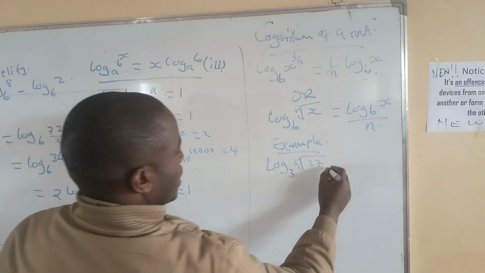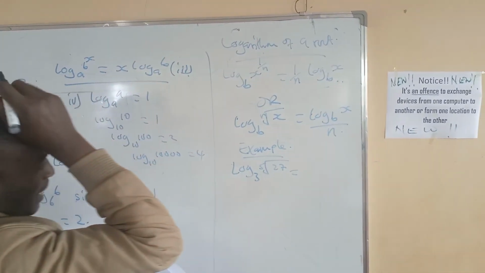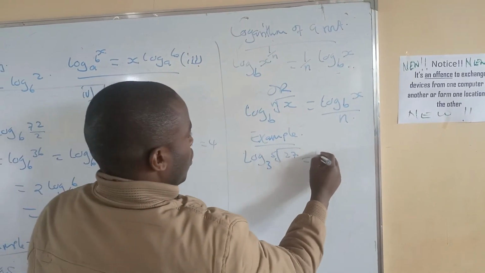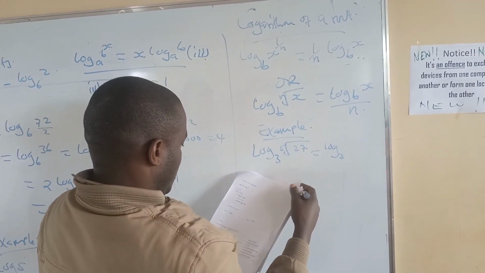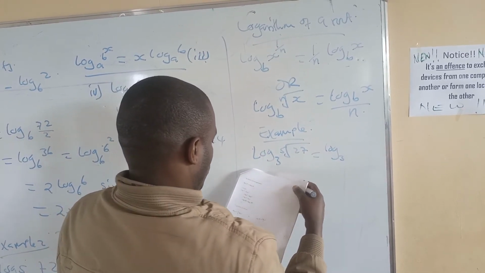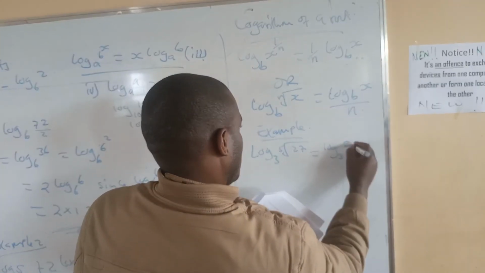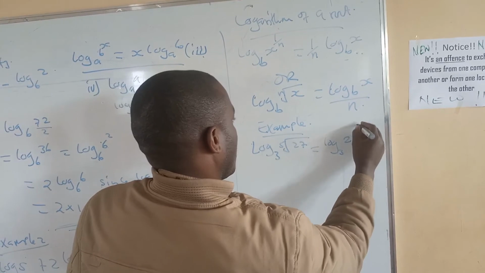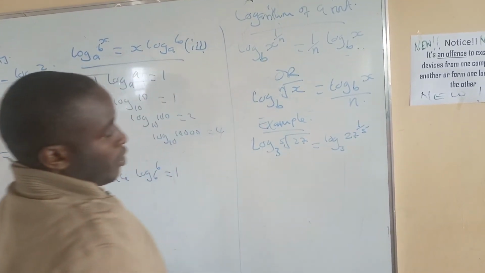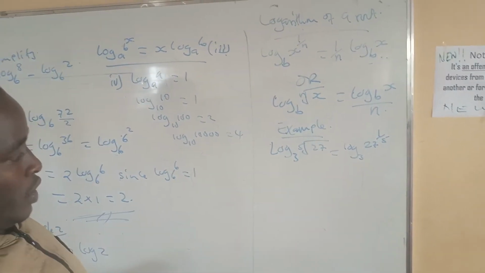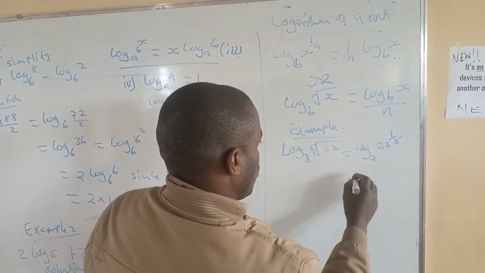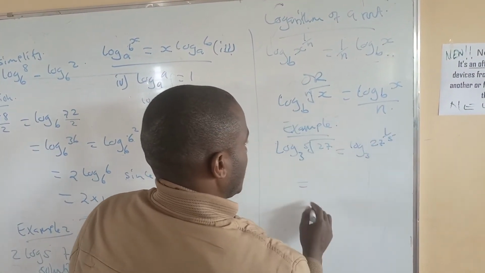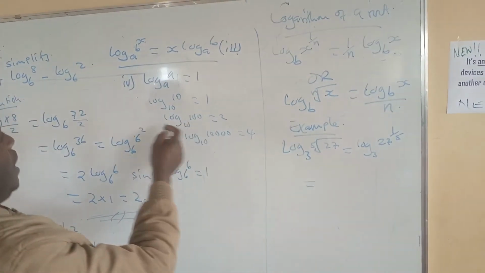So this one is the same as, if we use the laws, log base 3 of 27 to the power of 1 over 5. So if we do that, power of 1 over 5, this will be equal to, if you bring it down now using this other law that we have learned.